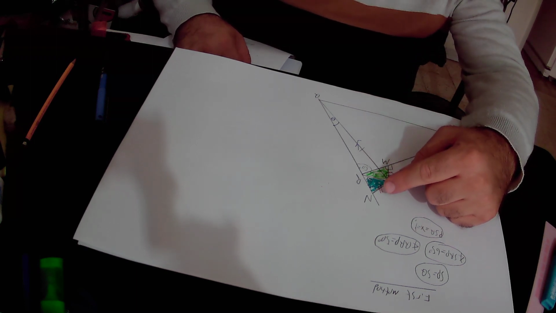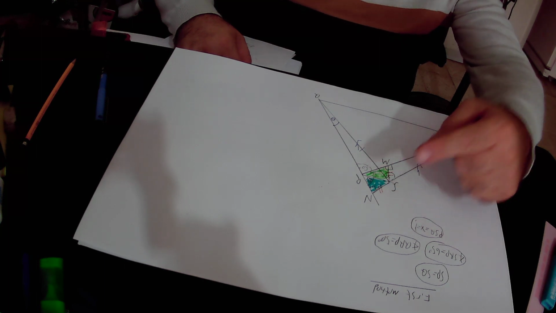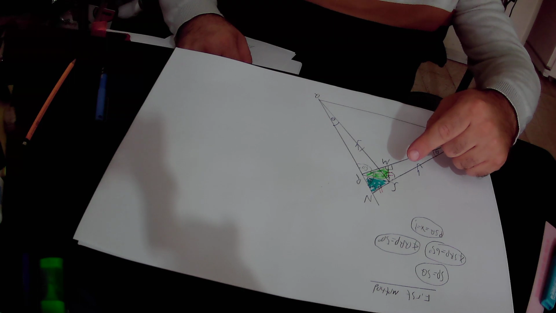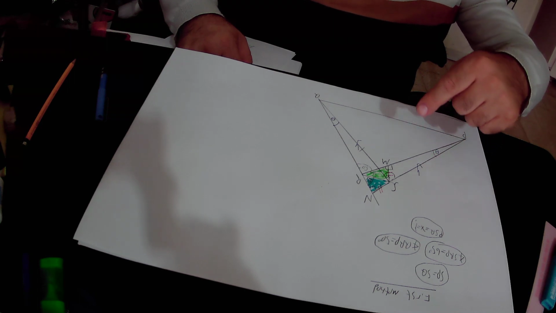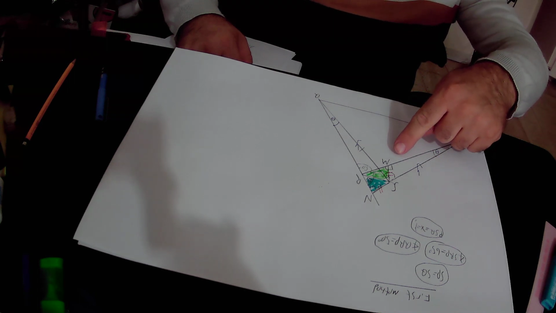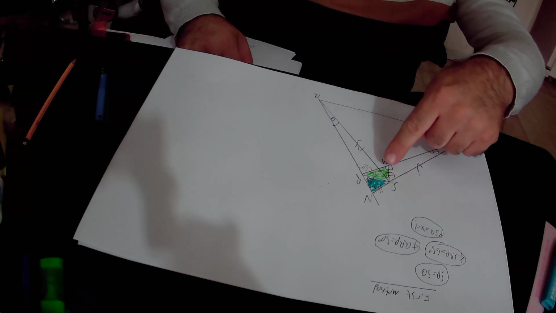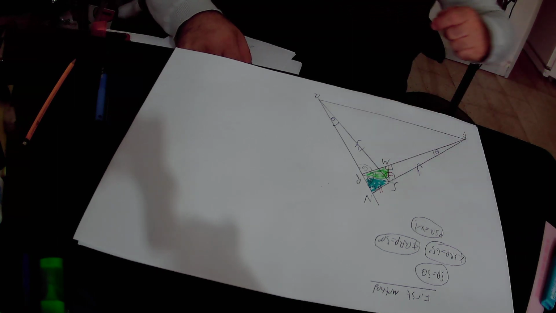That is to say, SN is a right angle, and then from point S we drew a perpendicular to PR. That is to say, SM equals 90 degrees. This angle is 90 degrees, and this angle is also 90 degrees.